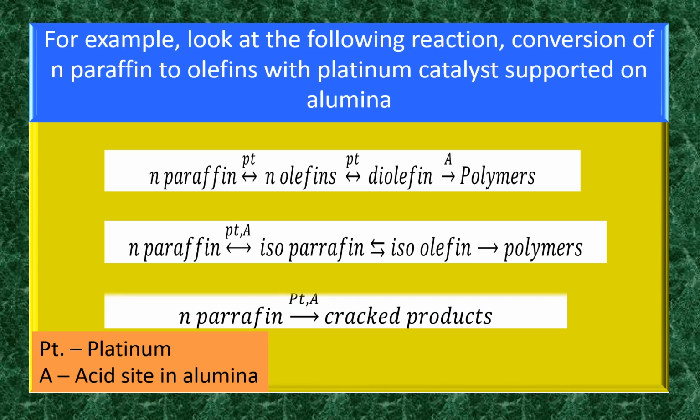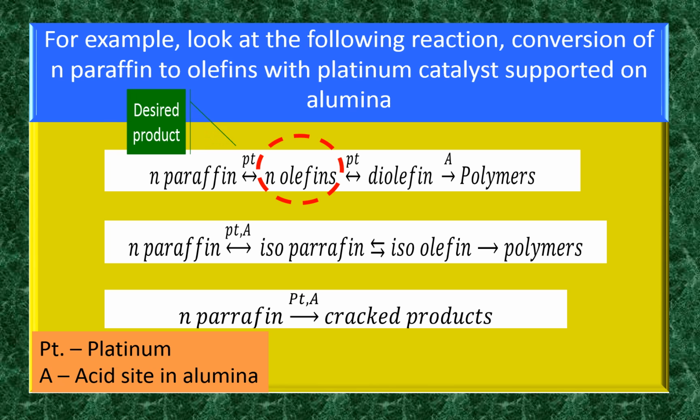Alumina supported platinum catalyst is highly active but not selective to hydrogenation to form olefins. Various byproducts are formed in parallel and series reactions under the action of acid sites in alumina. In addition, rapid deactivation results, caused by coke formation and fouling by carbonaceous material.